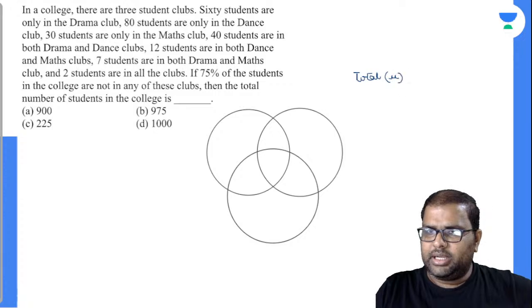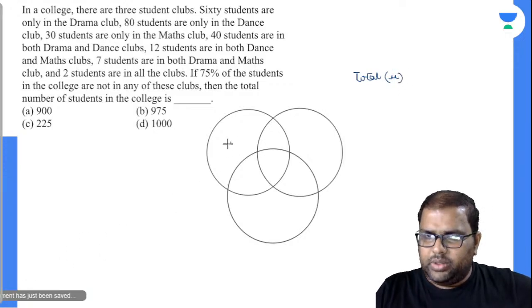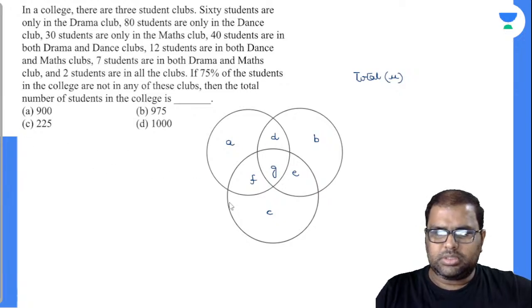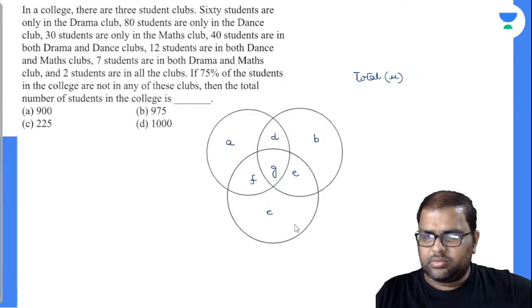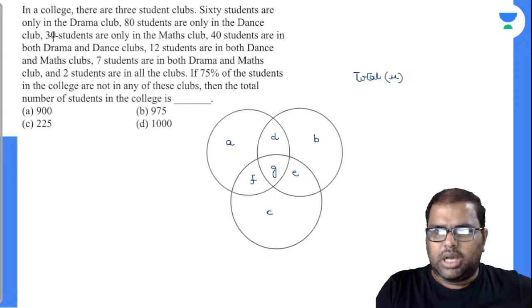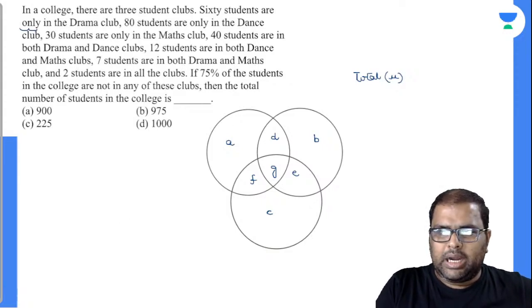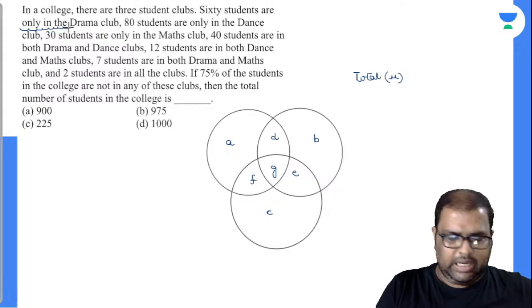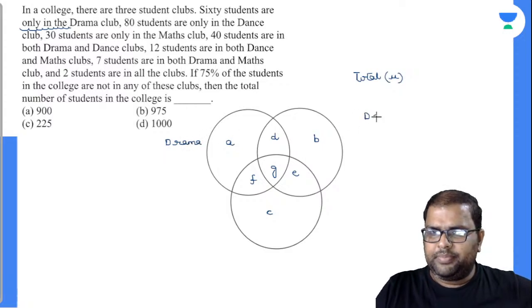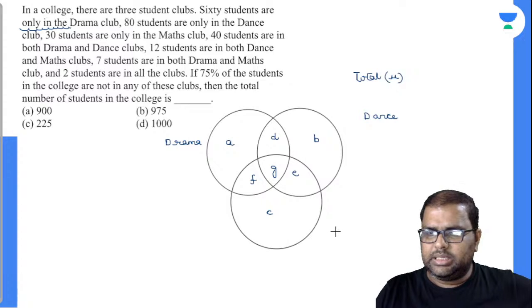I'll write down the values also. So drama is the first club, dance is the second club, and math is the third club.